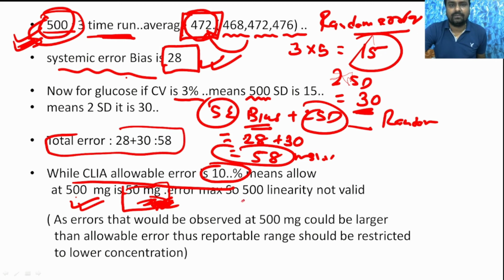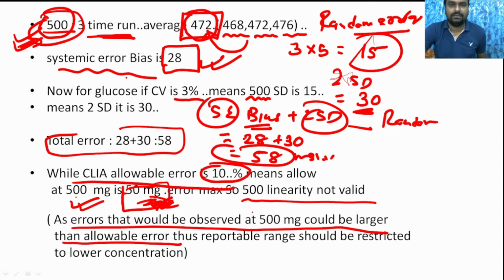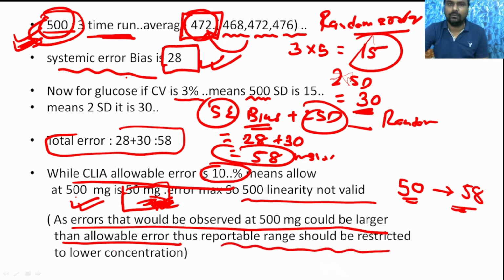So at 500 milligram concentration linearity is not valid, as the error that would be observed at 500 milligram could be larger than the allowable error. Here the total allowable error is 50 and we are getting the value of 58. Thus the reportable range should be restricted to a lower concentration.